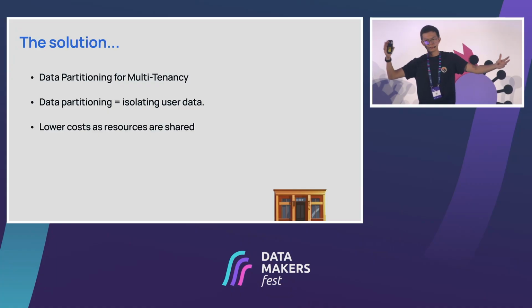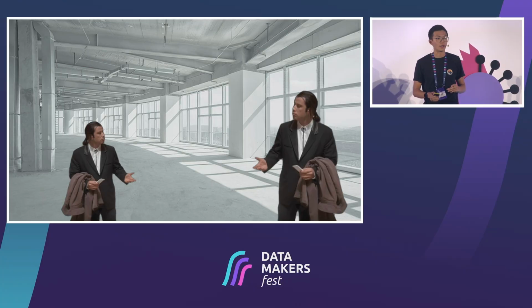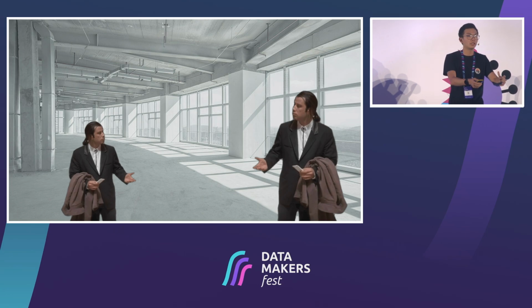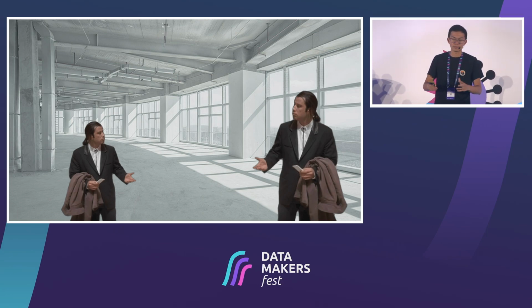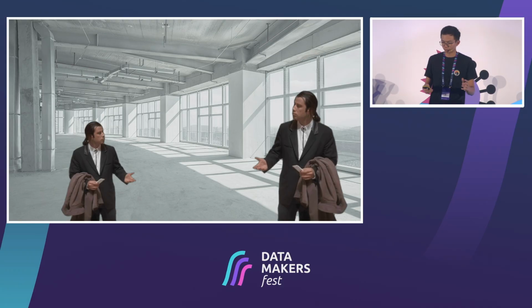What we have now is a single server, single database, single collection with all the data. So we have one building, one floor, and no rooms. We have dumped all the data on this floor, and everybody can see everybody else's business. There's no privacy there.